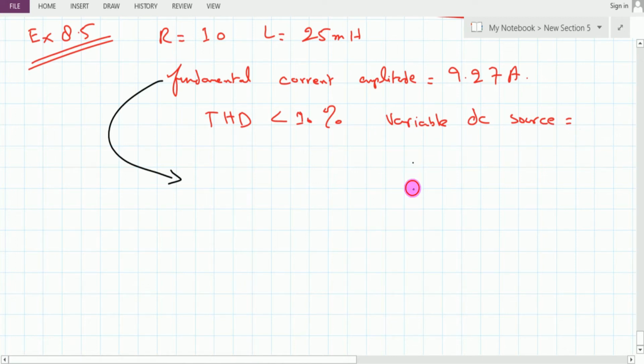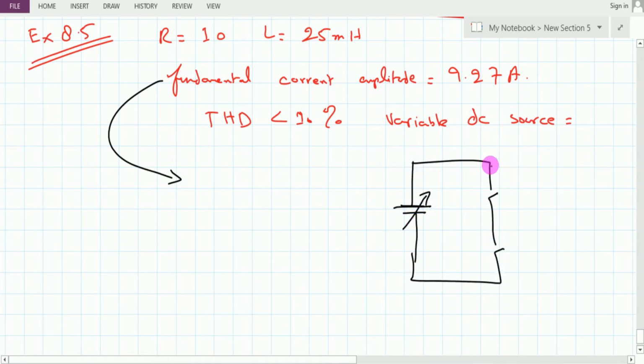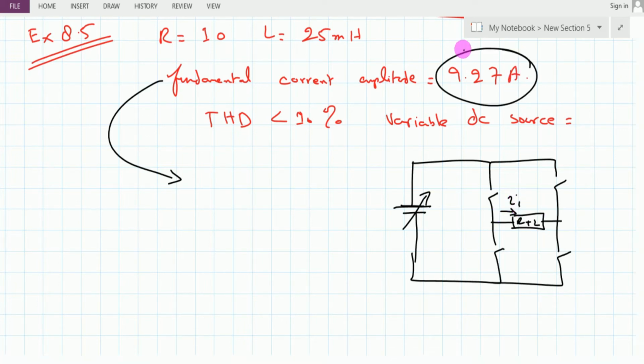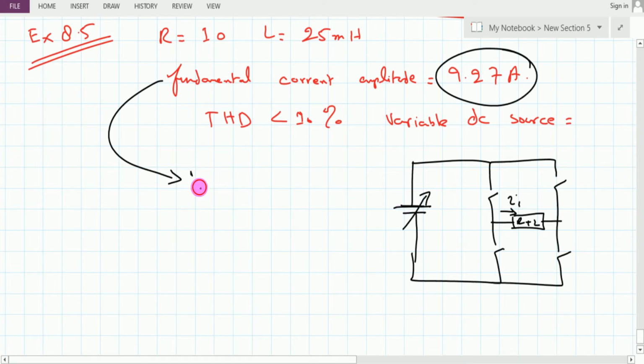So we have this type of a system. This is an R plus L load, and we have specified that this I1 should be 9.27 ampere. What is the value of this VDC? So for this 9.27 ampere, the fundamental component has to be adjusted.